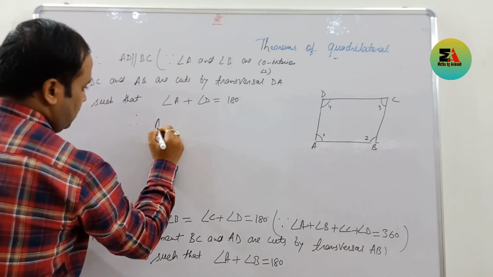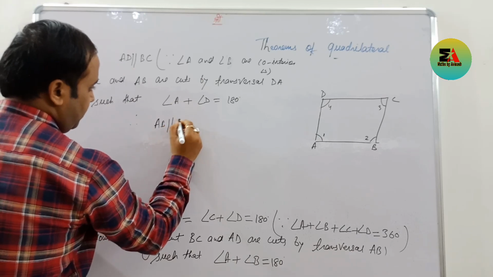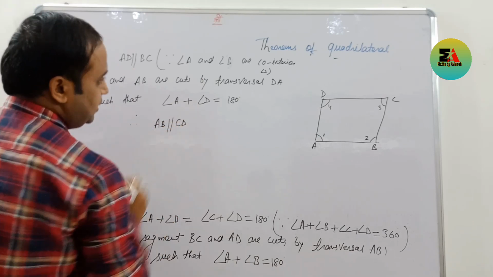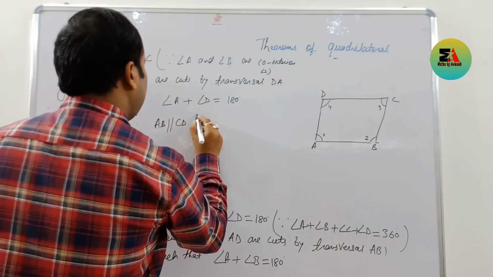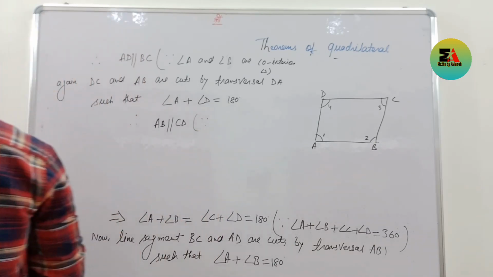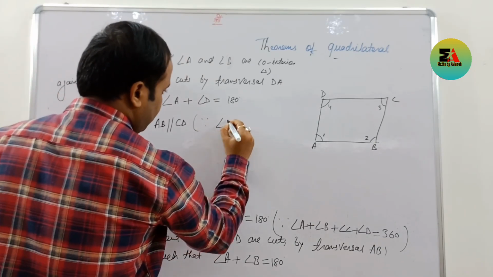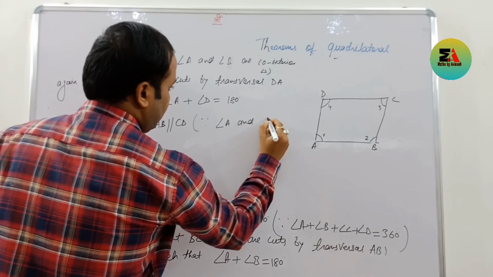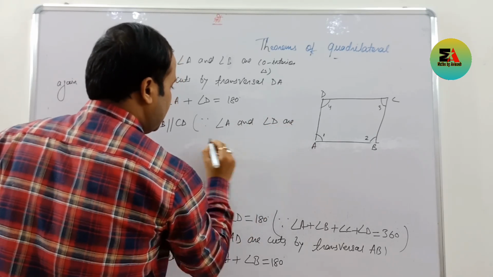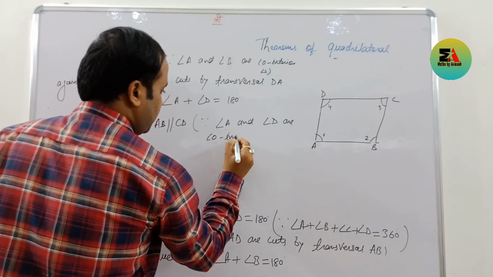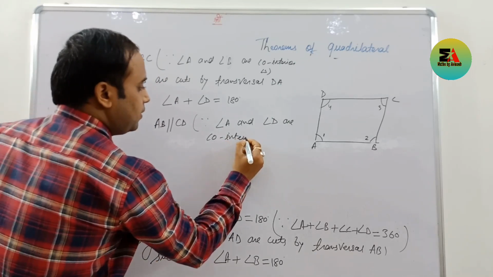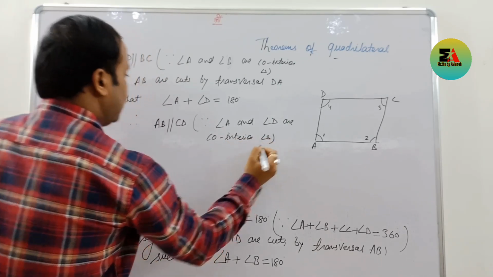Therefore AB is parallel to CD. Why? Same reason. Angles A and D are co-interior angles.